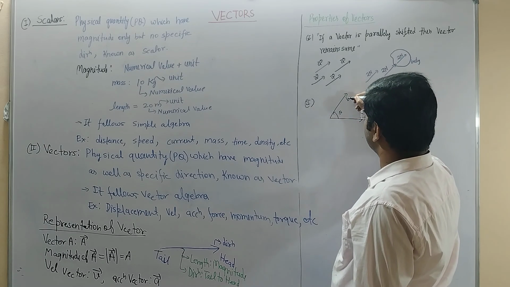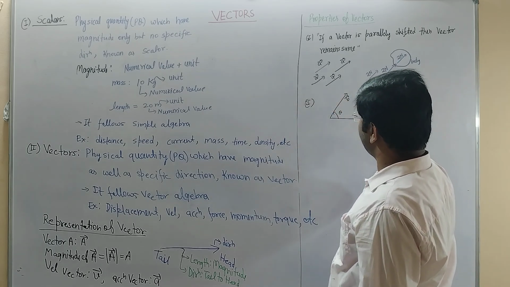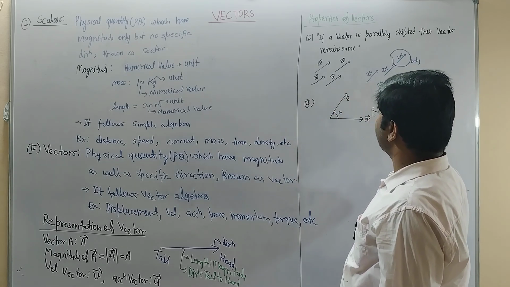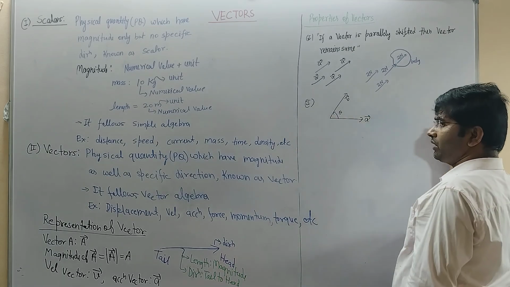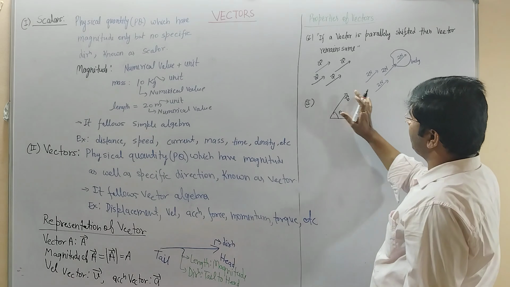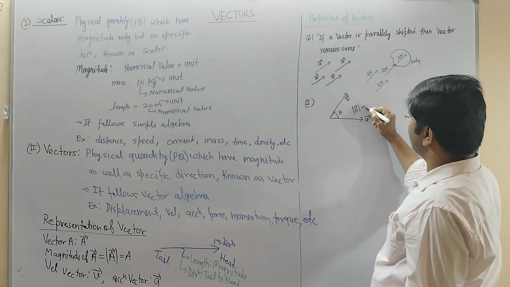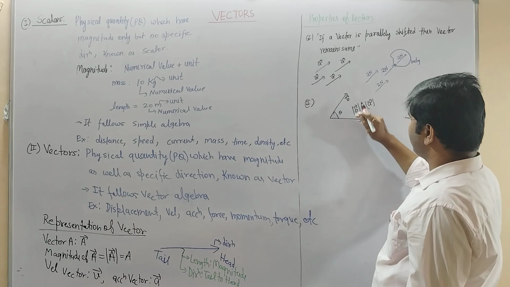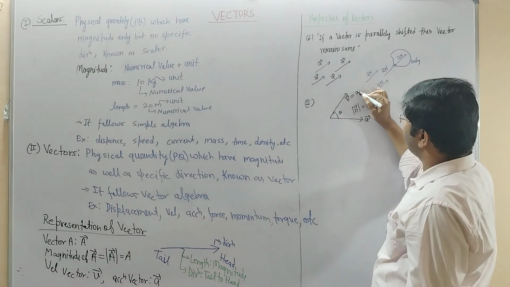So I'm saying this is vector B. This is not vector A. Although rotating means I am keeping the magnitude the same, here this is a different angle. So this is a vector which has this magnitude and this direction. This is a vector which has the same magnitude, let's say this vector B mod equals vector A mod. Magnitude of both is the same, but direction is not the same. So we cannot say both vectors are the same.